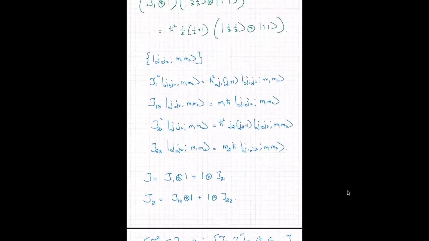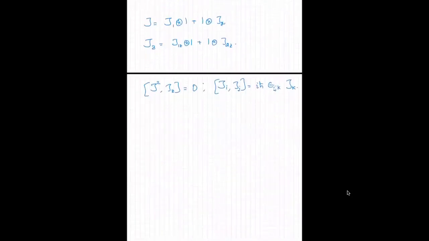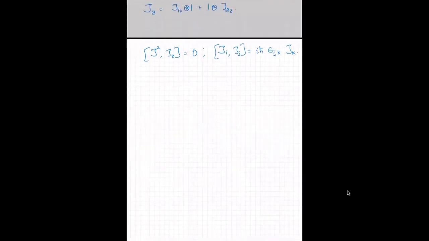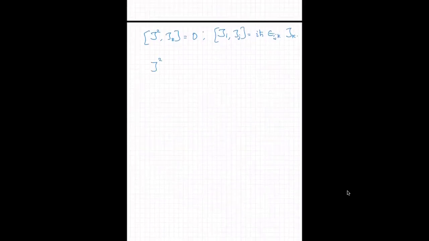I can simply take the J square matrix and act it on these eigenkets and figure out what the J square eigenvalue is. Remember that just because I know J1 and J2, I don't necessarily know the eigenvalues of the J square operator. So let us be careful about what the J square operator is. What is this J square that I'm talking about? Well, J square is (J1 plus J2) whole square, right?